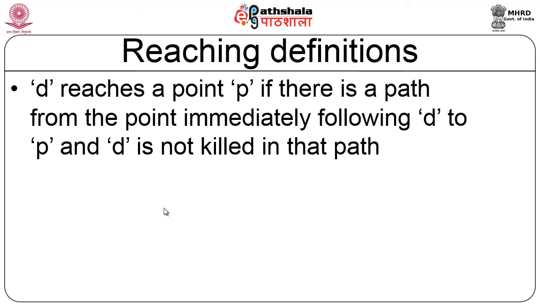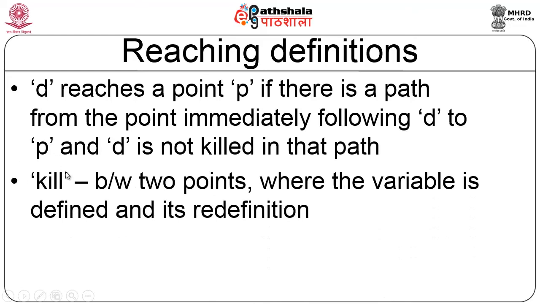If between point P and point Q the definition of x is not killed, I will say that this definition of x reaches the point Q. Now, kill is between two points where the variable is defined and then redefined. When I say killing, I mean it is not completely lost; it means that the variable is reassigned. For example, I have a statement x = y + z in one particular statement, say statement number 10.